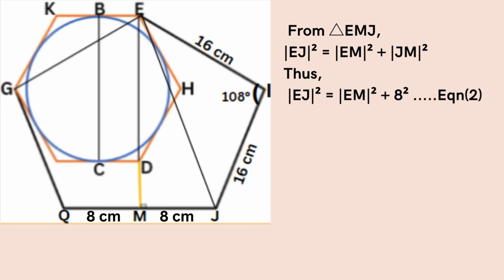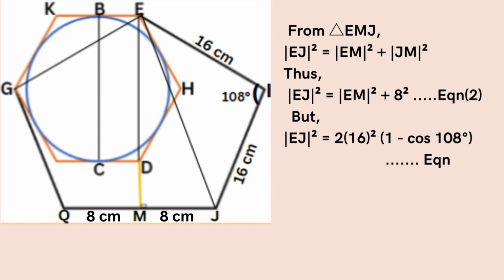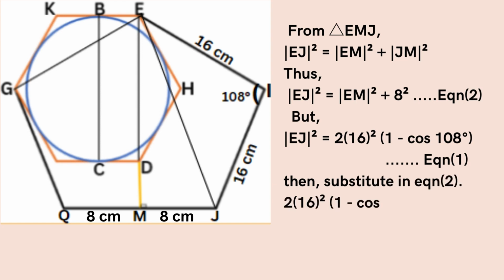From triangle EMJ using Pythagoras theorem, the square of line EJ equals the sum of the square of line EM and the square of 8. We call it equation 2. Recalling the value of equation 1 and substituting it in equation 2, rearranging the equation, we can now solve for the square of line EM.